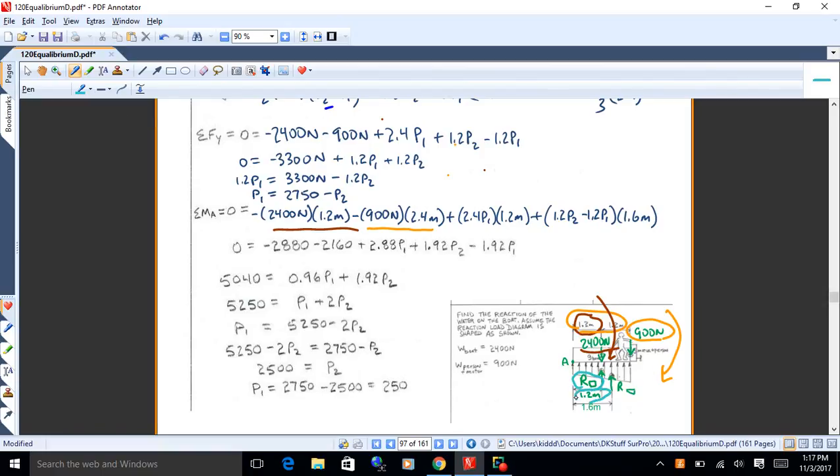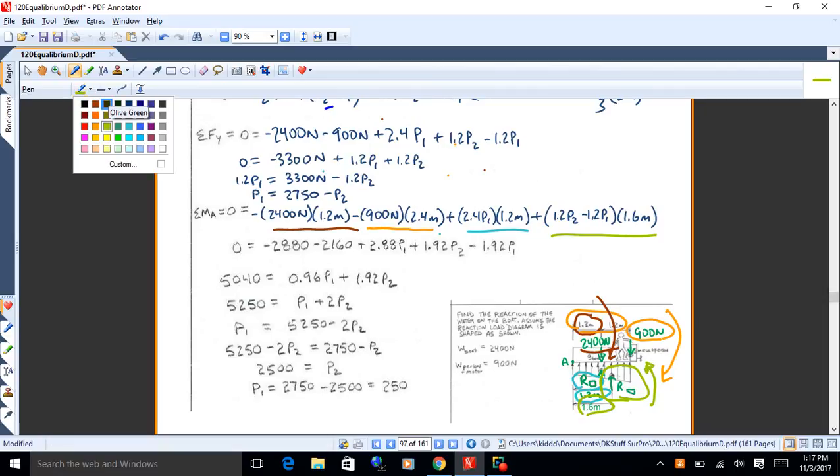That's got a moment arm of 1.2. And then you've got the triangular load, which is the last one there. It's that one times 1.6. And both of those are coming back counterclockwise. Of course, they're resisting the weights. So they're positive moment because they're counterclockwise.